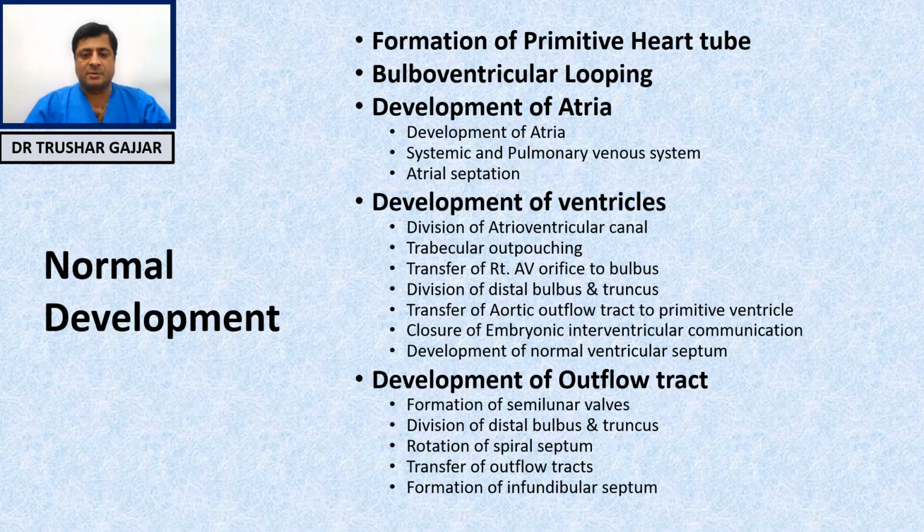The sinus venosus contains three tributaries: cardinal vein, umbilical vein, and vitelline vein. Two horns of the sinus venosus are there in the heart tube. The left horn will regress and form the coronary sinus. The right horn will form the systemic veins.